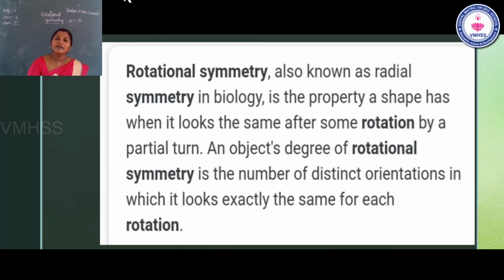It's the property a shape has when it looks the same after some rotation by a partial turn. An object's degree of rotational symmetry is the number of times it looks exactly the same during a rotation.